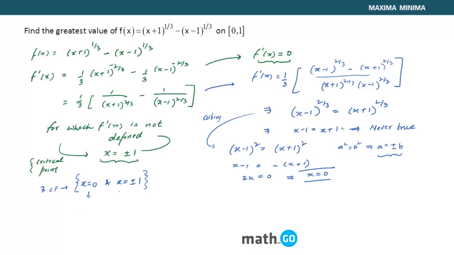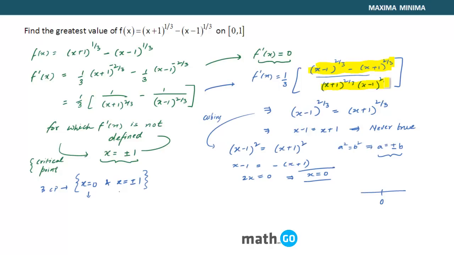Now, can we check whether this is a point of maxima or minima? By just doing it orally, we need to find the change of sign of f dash x about 0. Can you tell me how you can do it orally without going to the double derivative? Because the double derivative is a lengthy approach, remember, right? So if you just see, this is the numerator of f dash x, and this is the denominator.